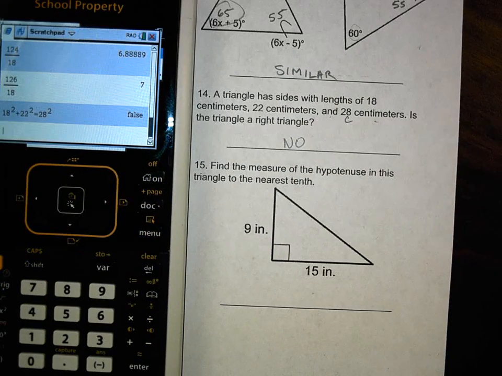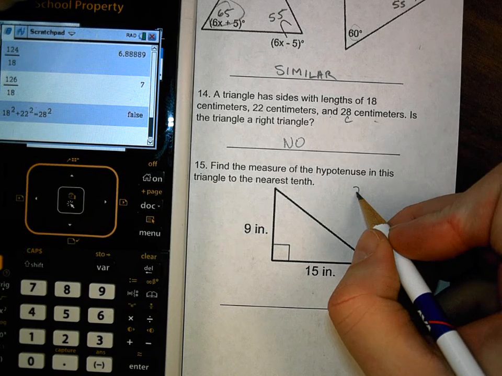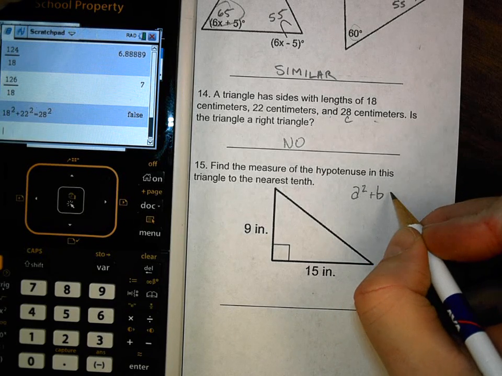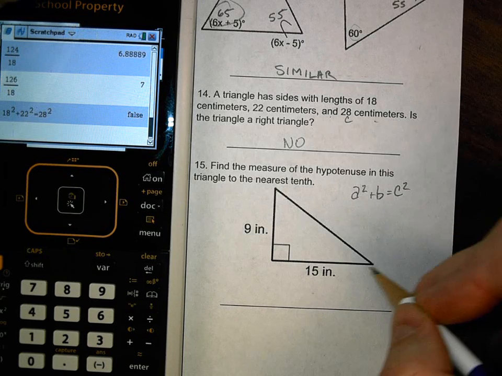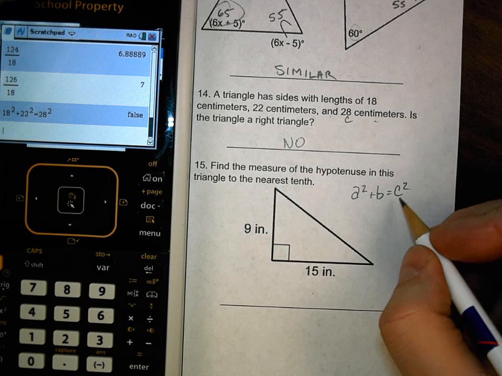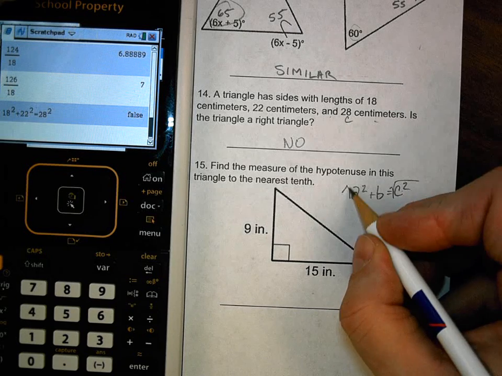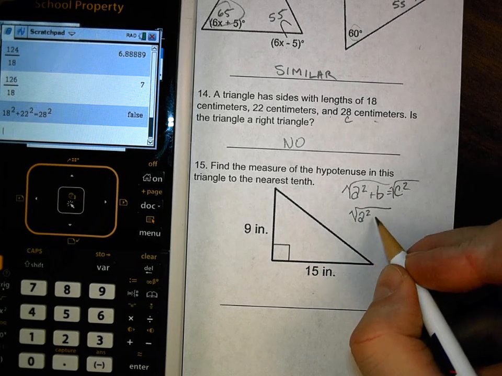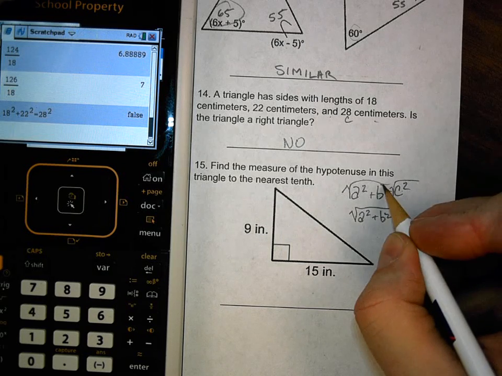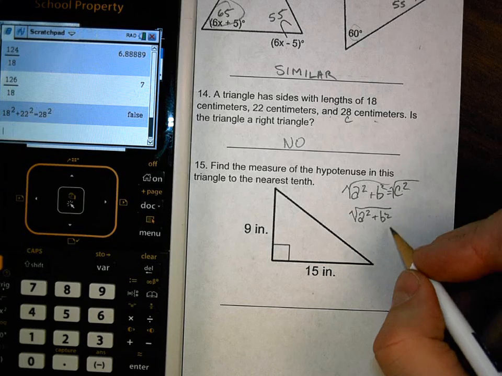All right, the last one is find the measure of the hypotenuse in this triangle. Again, a squared plus b squared equals c squared. So 9 squared plus 15 squared equals c squared. And remember, to get rid of the squares, I square root them on both sides, and I end up with the square root of a squared plus b squared. Ooh, I didn't put squared. Equals, well, c times c is c squared, so the square root gives me c.